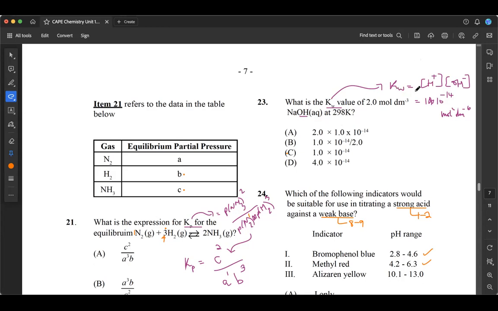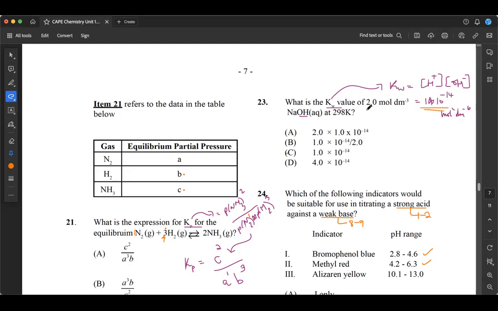So that's Kw is equal to the concentration of H plus times the concentration of the hydroxide ion. And that's a very fixed number. That's a number that can't really change. It's just fixed. It's a constant, right? And so that constant is actually 1 times 10 to the negative 14 mole squared dm to the minus 6. And that's what the number is. That's what it always will be.